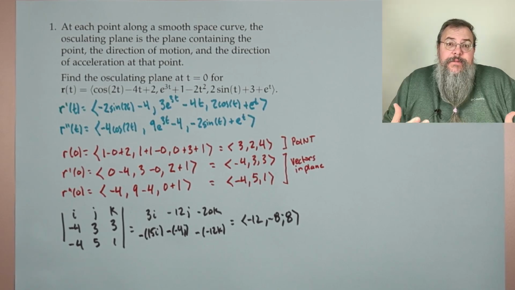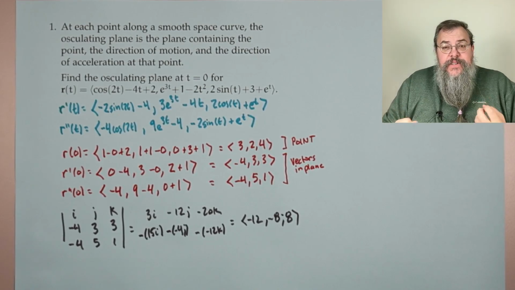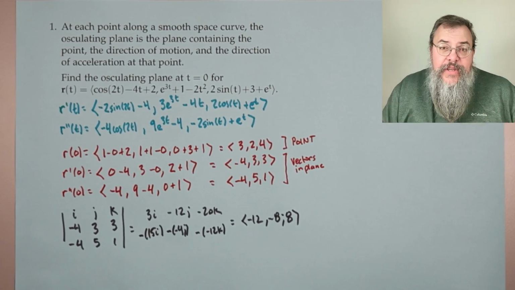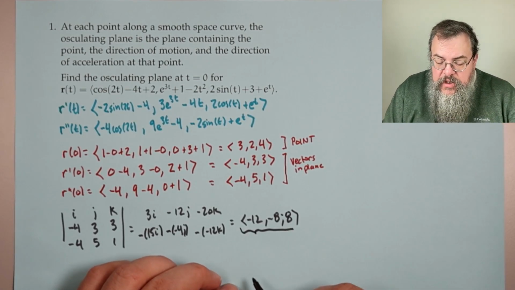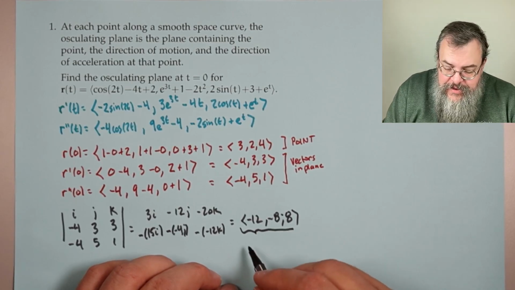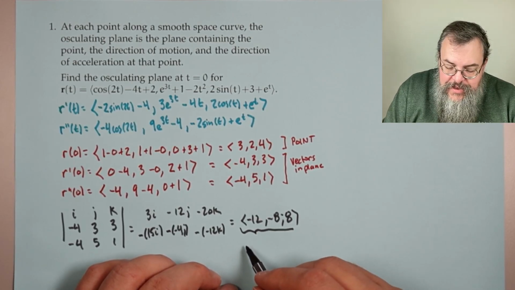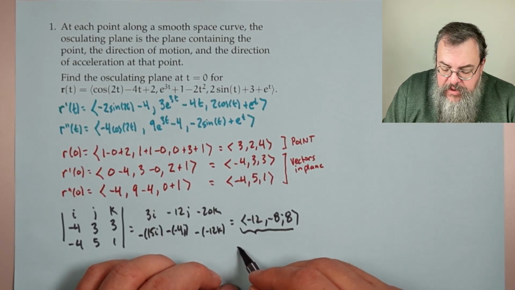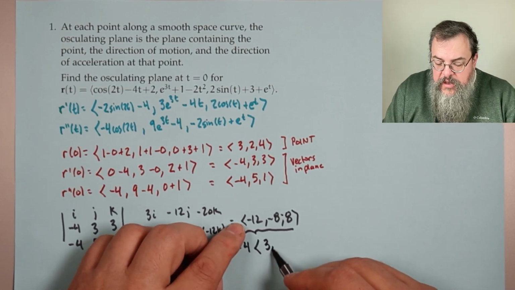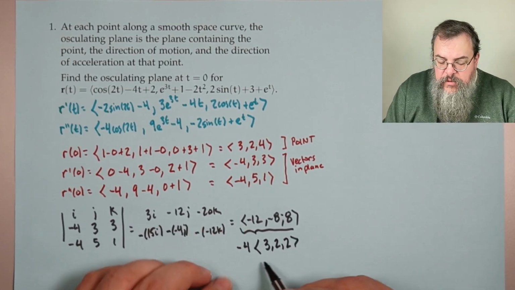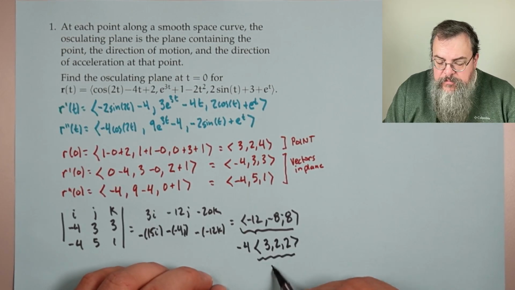So if you ever see common factors, pull out the common factor and give yourself easier things to work with. Let's pull out a negative 4. Why not? If we pull out negative 4, we'd be left with 3, 2, 2. So we can use this as our normal.